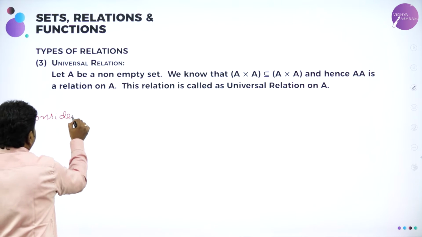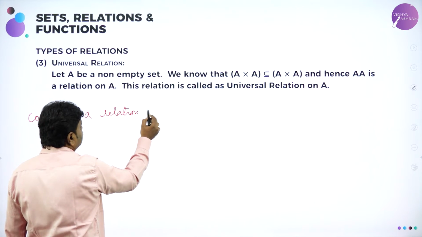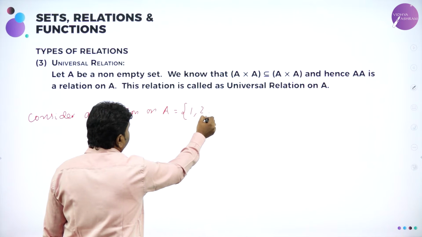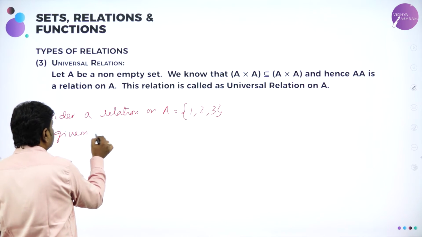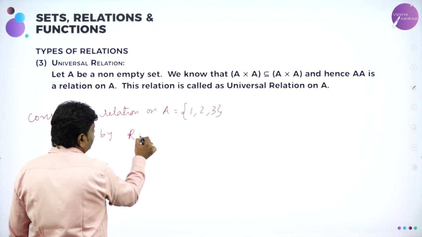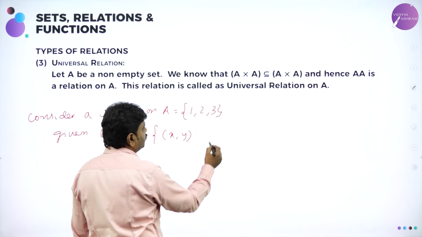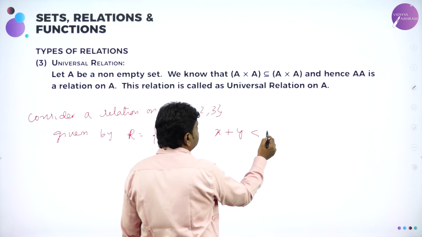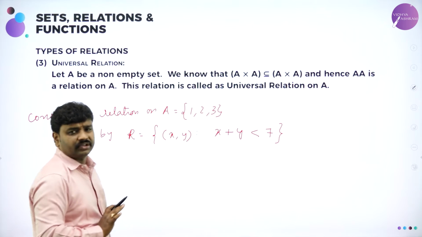Consider a relation on a set. Let us take a set A equal to say {1, 2, 3}, given by the relation {(x, y) or (a, b) such that x plus y is less than 7}. This is the relation they give, supposing.